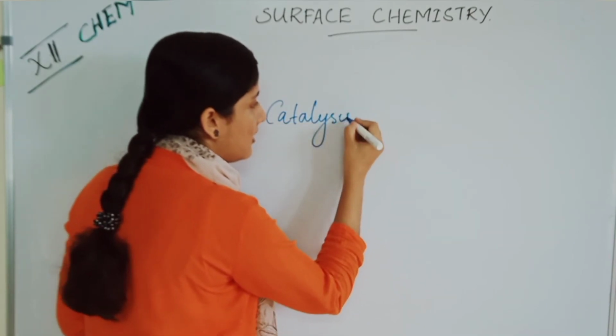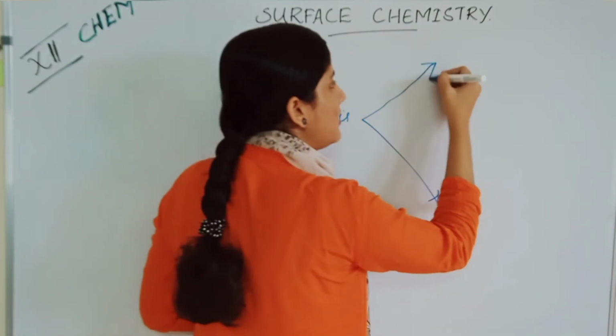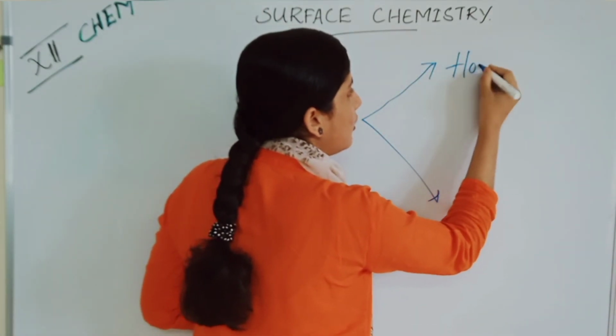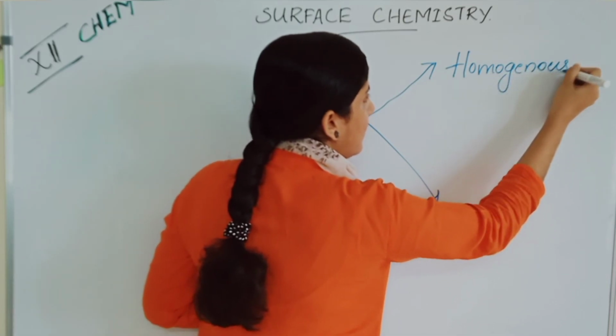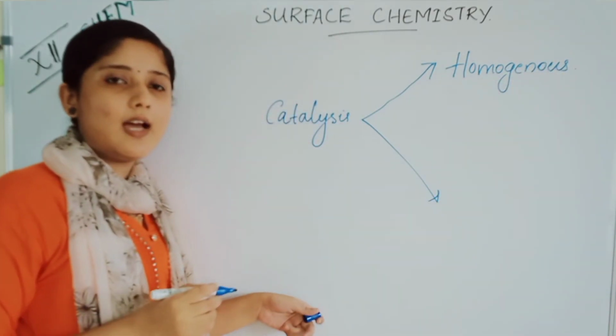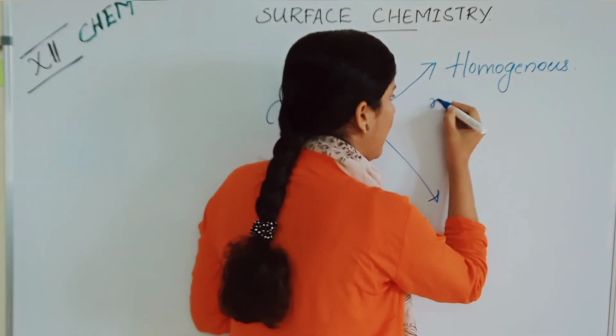Catalysis is of two types. First one is homogeneous. This means that the reactant and the catalyst are in the same phase.